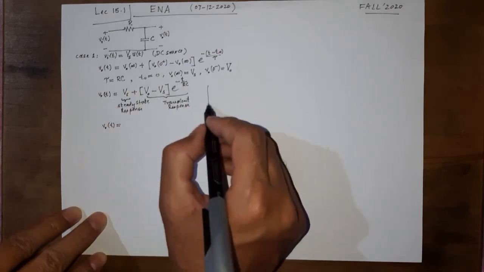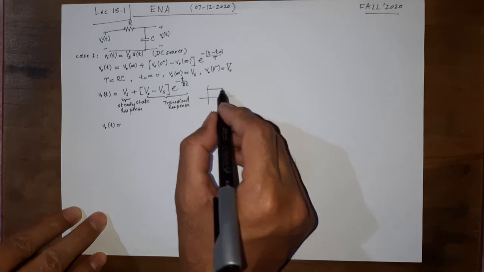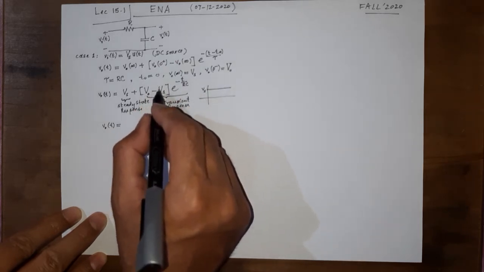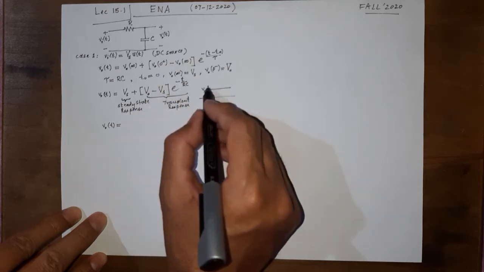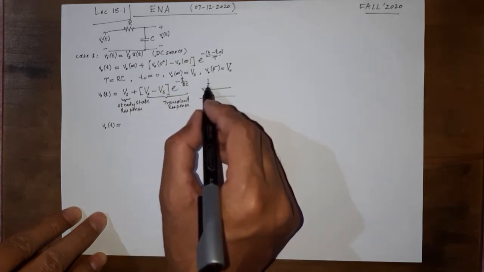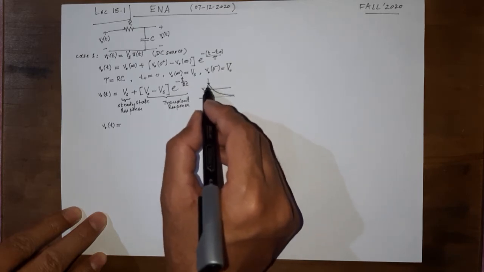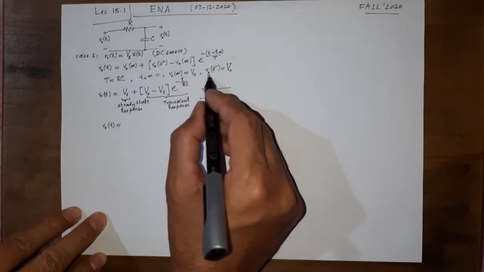Vs, so Vs is a constant. And if we draw this thing, V naught minus Vs would be some DC value, whatever it is, say it is something like this, then this is a decaying exponent. And if we add these two, we are going to get something like this.